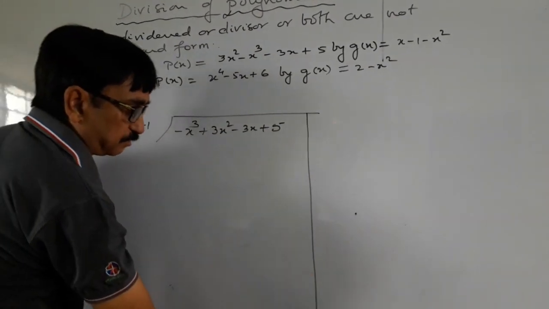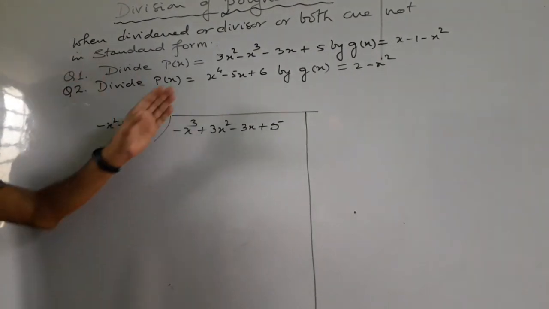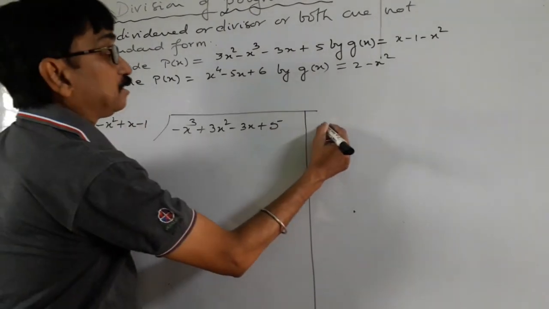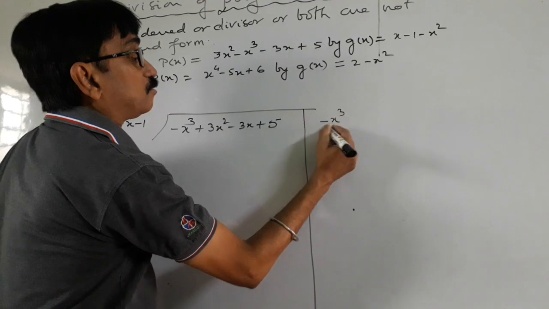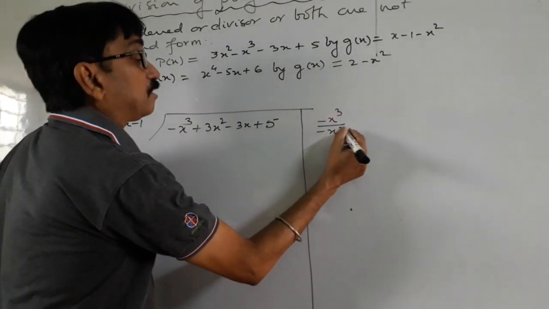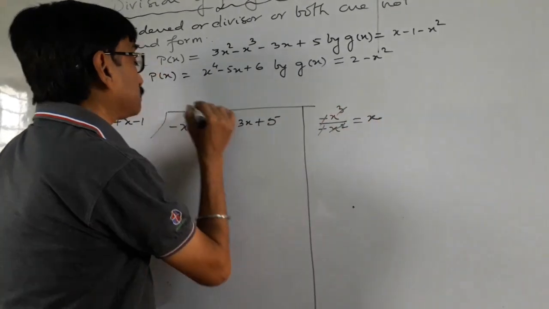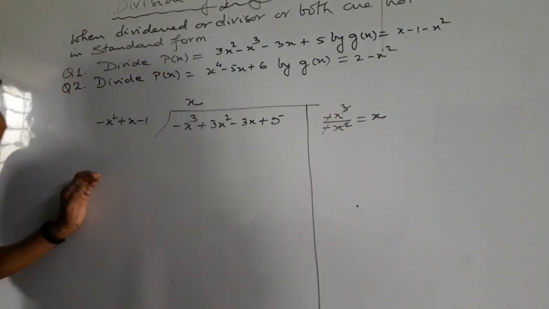So, as in the previous class, we have done the division in the same way, now we can proceed. Minus x cube is the first term of the dividend and minus x square is the first term of the divisor, which gives us x. So the first term of the quotient is x.